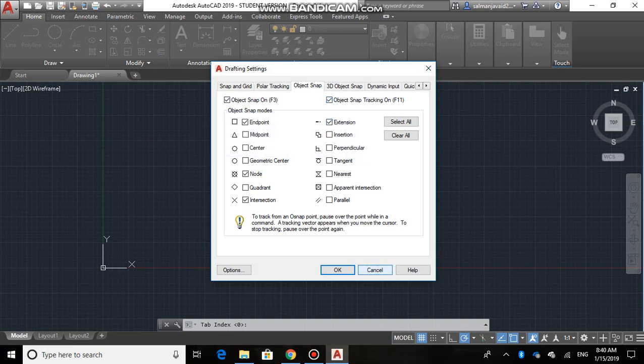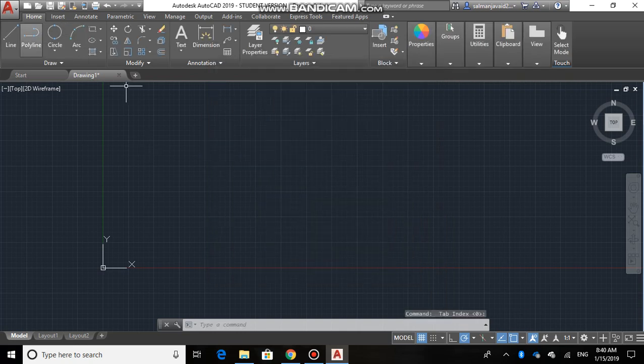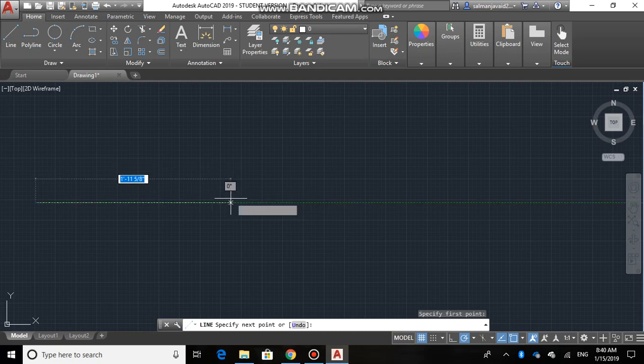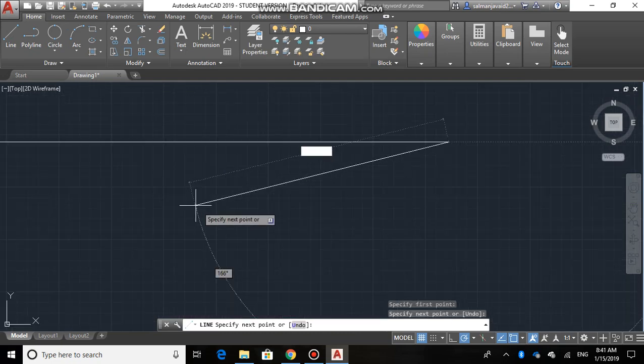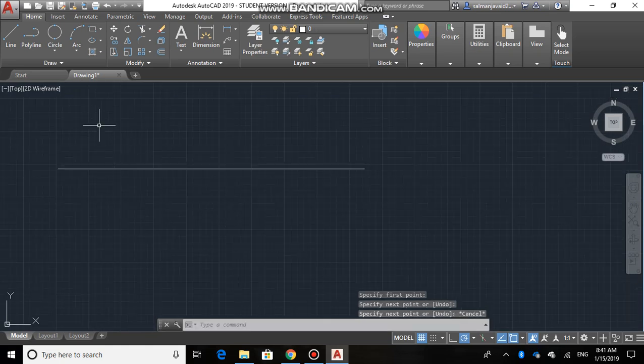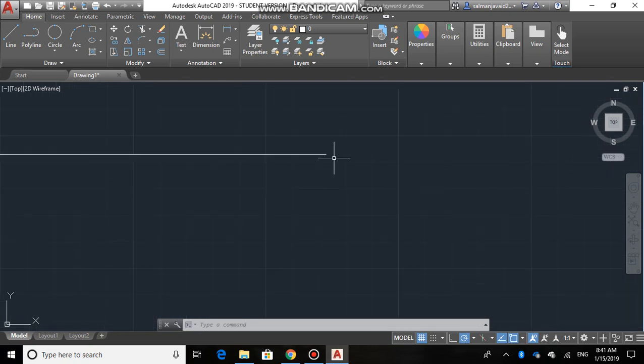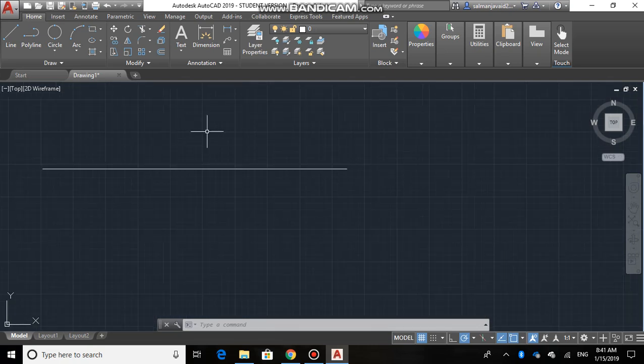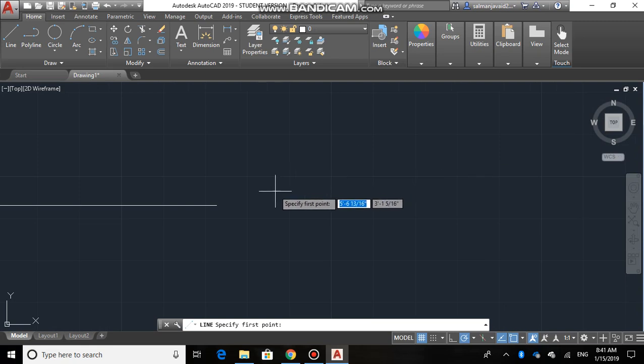The most commonly used purpose of object snap is to grab the end point or any other point where we want. Now look, I have drawn one line. Now I want to draw another line right from the end of this line. I will use object snap, and object snap will grab the end point.